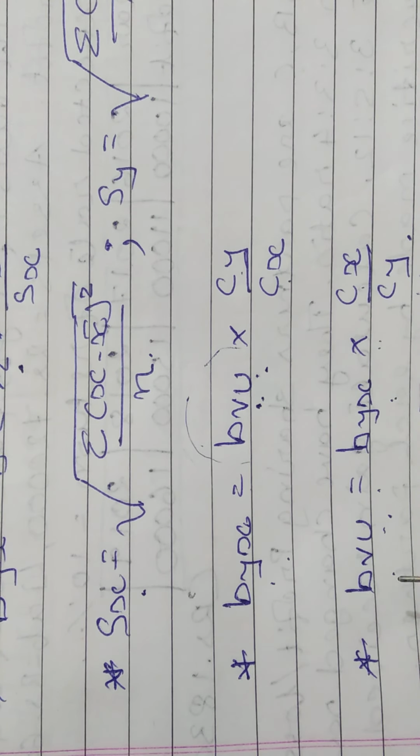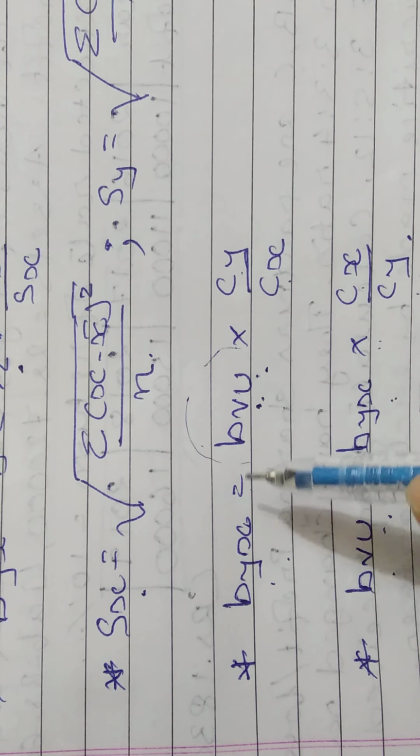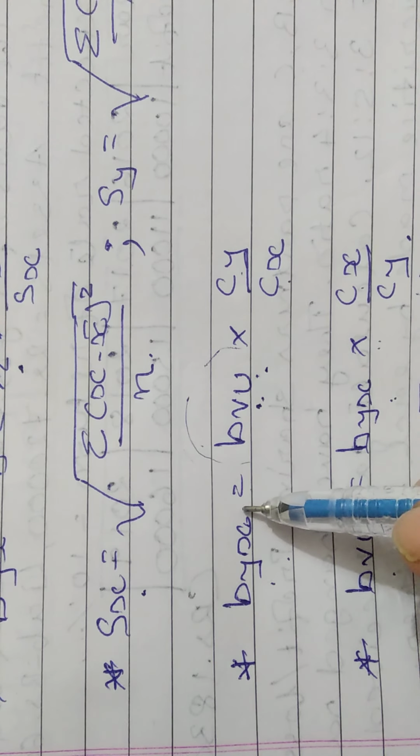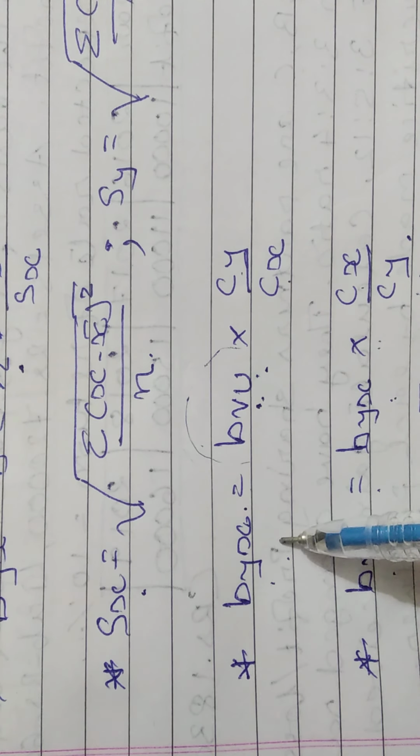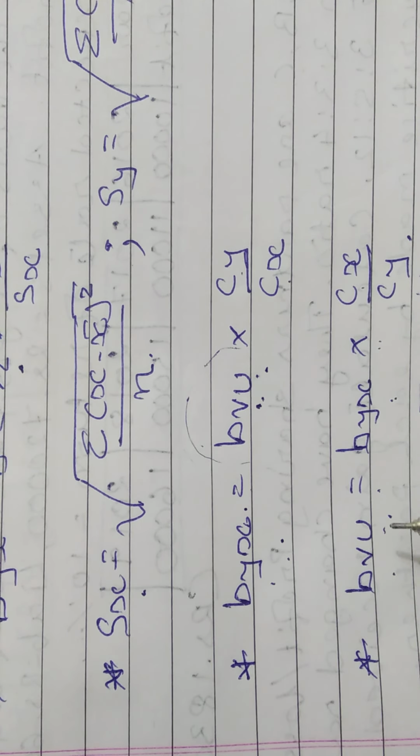Now, to find bvu, bvu is equal to byx into cx upon cy. This is nothing but cx transferred to the multiplication of byx and cy going to the denominator. So, bvu is equal to byx into cx upon cy.